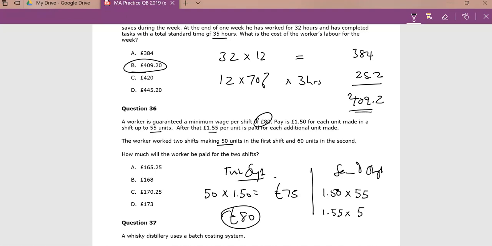Let me do this very quickly. £1.50 times 55 gives me 82.5, and then he gets £1.55 times 5, which is £7.75. Add the two things together, 82.5 and 7.75, and you get 90.25. So that's what he gets for the second shift. Add these two things together, and you can see that takes you to a nice 170.25.